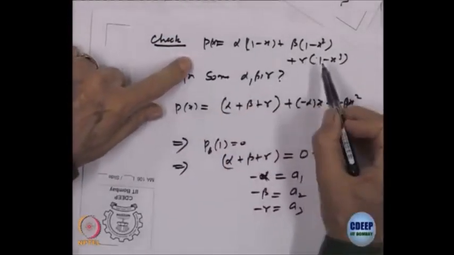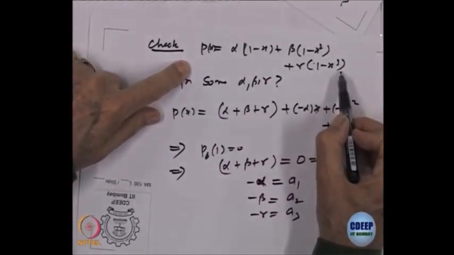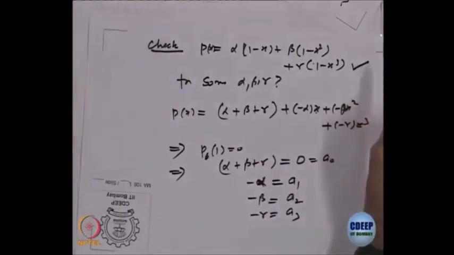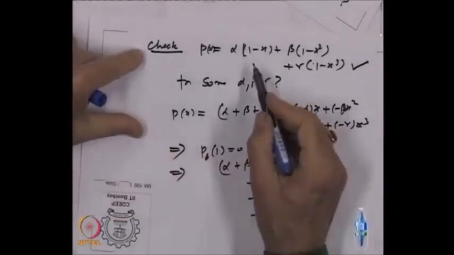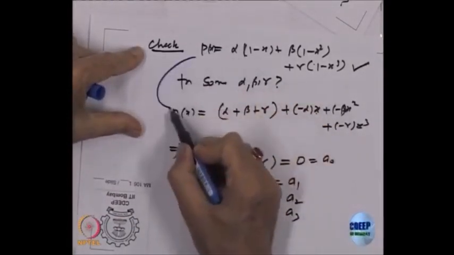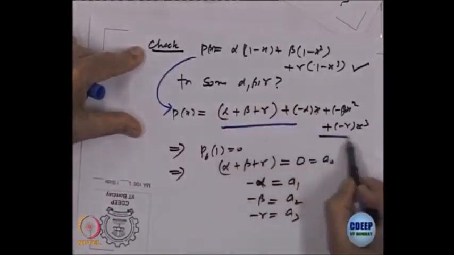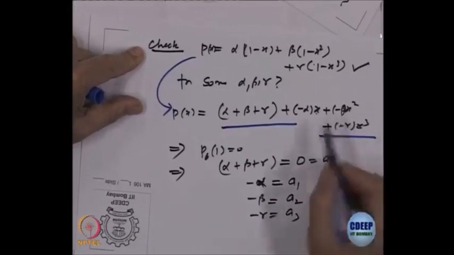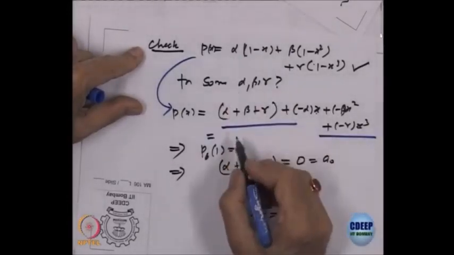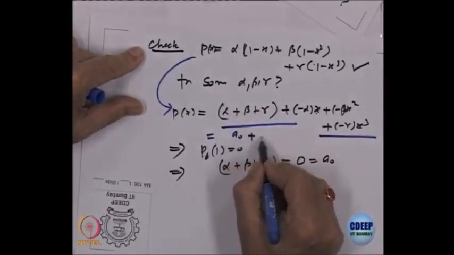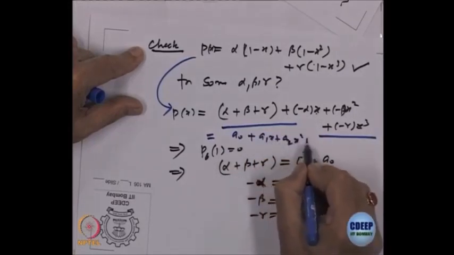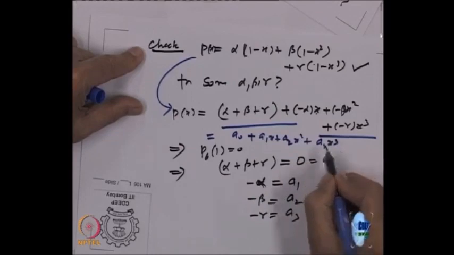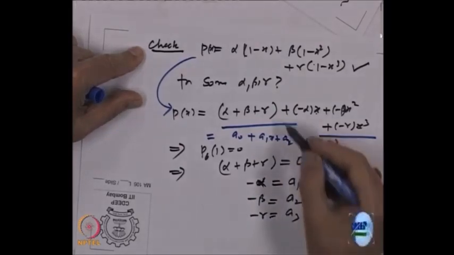See, if P(x) has to be a linear combination, then this must be true, right. So, when I write this as a polynomial, this is nothing but P(x) is equal to this polynomial, but this polynomial is also equal to, we have assumed, a0 plus a1 x plus a2 x square plus a3 x cube, right.